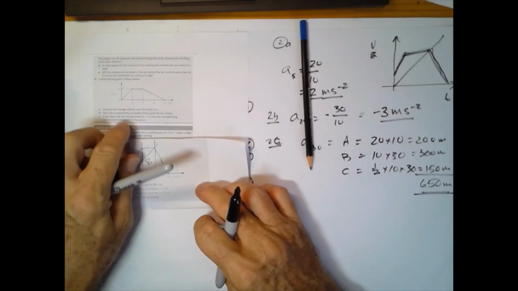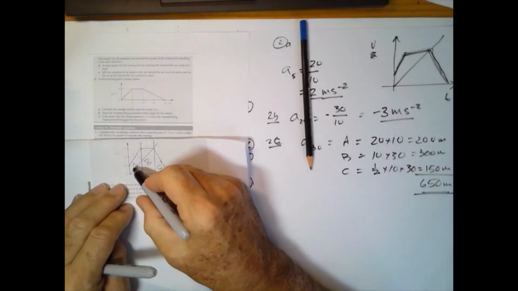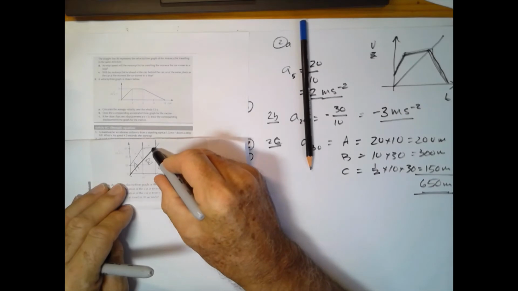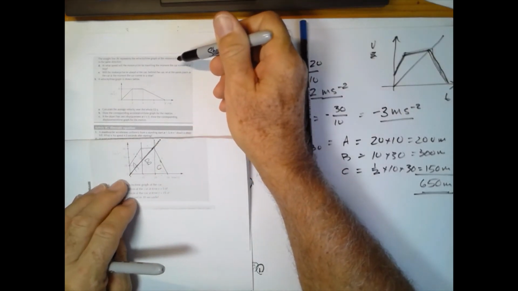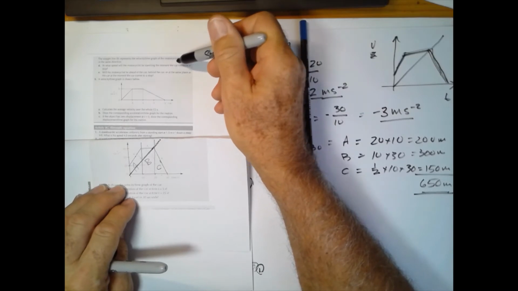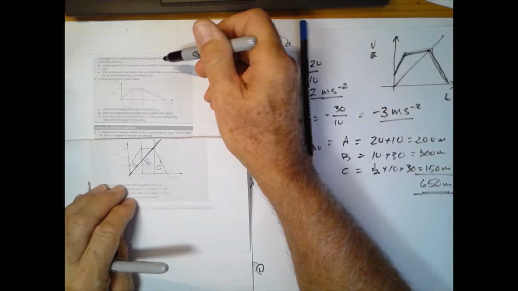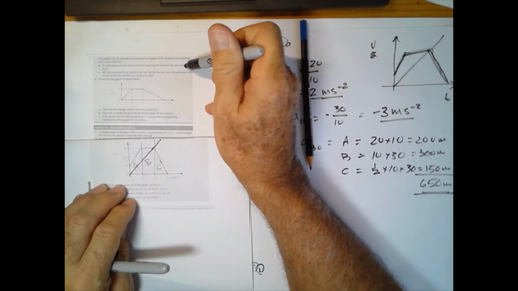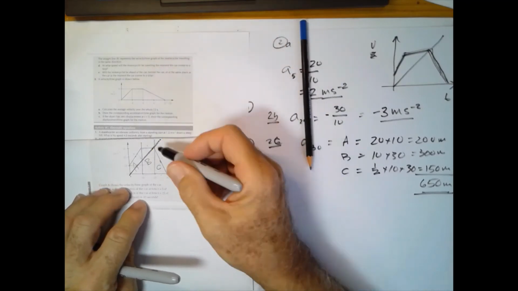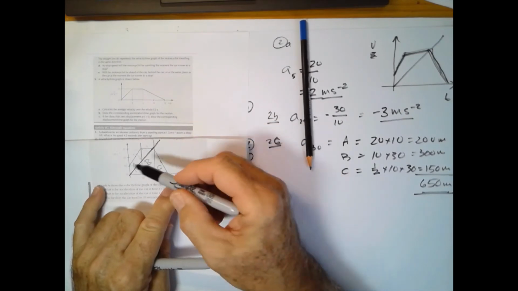The straight line B, the second line here, represents the velocity time graph of the motorcyclist travelling in the same direction. At what speed will the motorcyclist be travelling the moment the car comes to a stop? So let's look at the car. The car was this first line here.